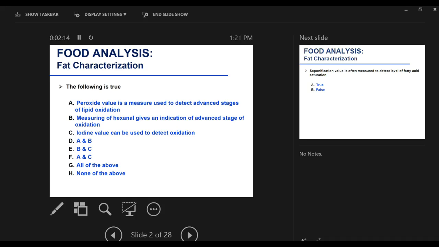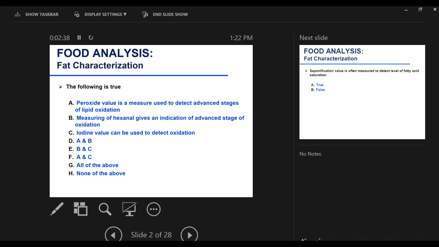Hexanal is an advanced stage of oxidation. It's secondary. It's due to the continuation of the oxidation. So primary oxidation products convert to secondary and tertiary oxidation products, and hexanal is one of the later stages of oxidation products. So B is correct.